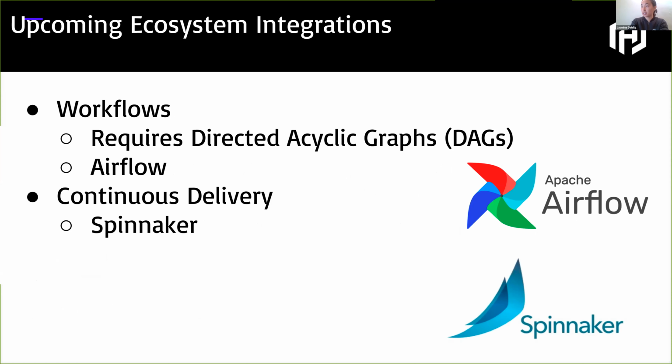Workflows, which effectively require directed acyclic graphs, will be addressed with an upcoming Airflow integration with Nomad. So you'll be able to run Airflow on Nomad and also have that coordinate complex batch workflows, or even use that for continuous delivery for service jobs if you want. But specifically for continuous delivery, we're also implementing a Spinnaker integration, which I won't get into. That's another demo entirely.